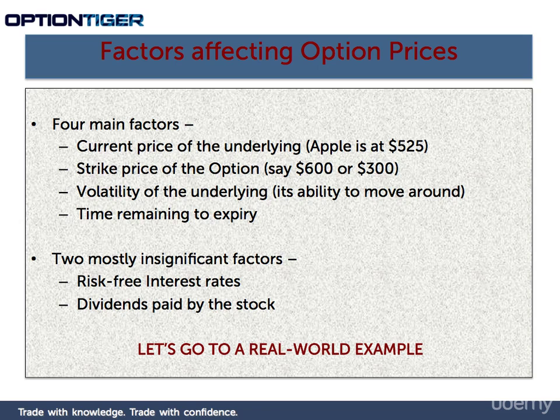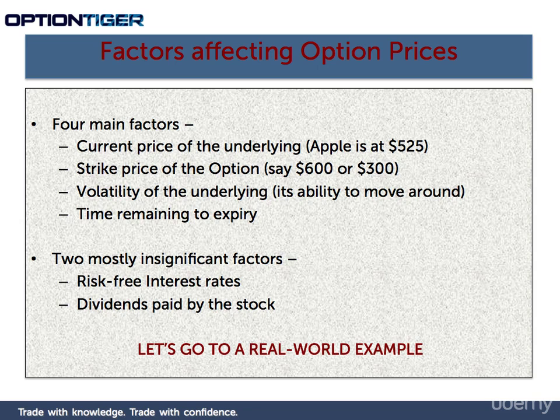So if Apple's trading at 500 or 525, that becomes a factor in how you price an option, because your strike price can be 600, it can be 700, it can be 800 or 300. So, what is the current price and how far is the strike price from the current price? That's a big factor.